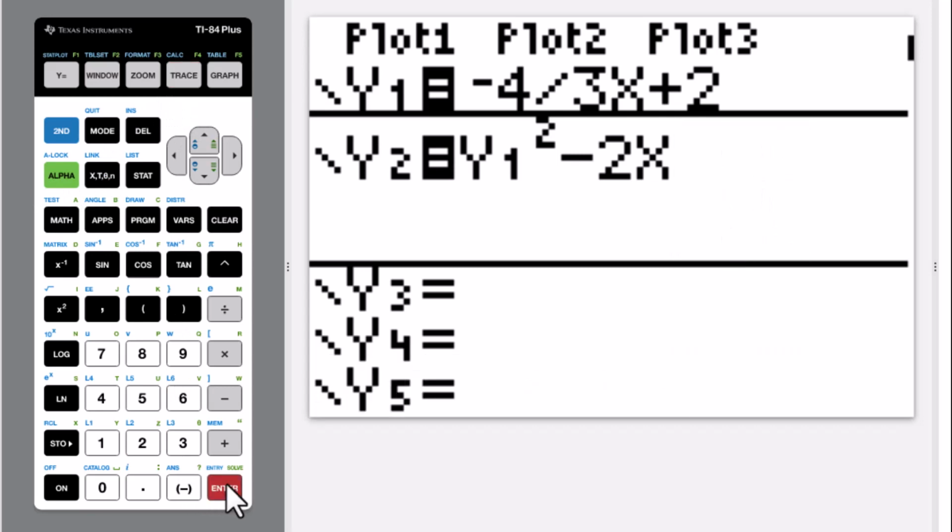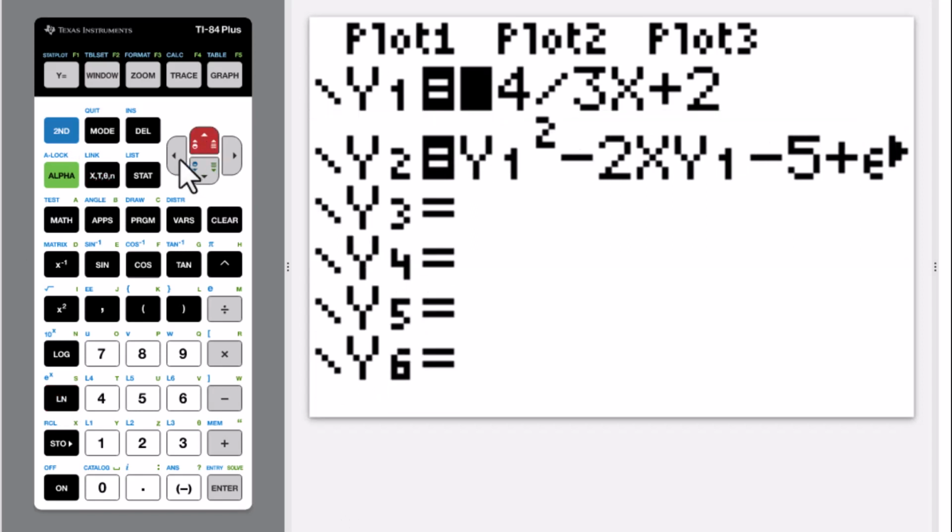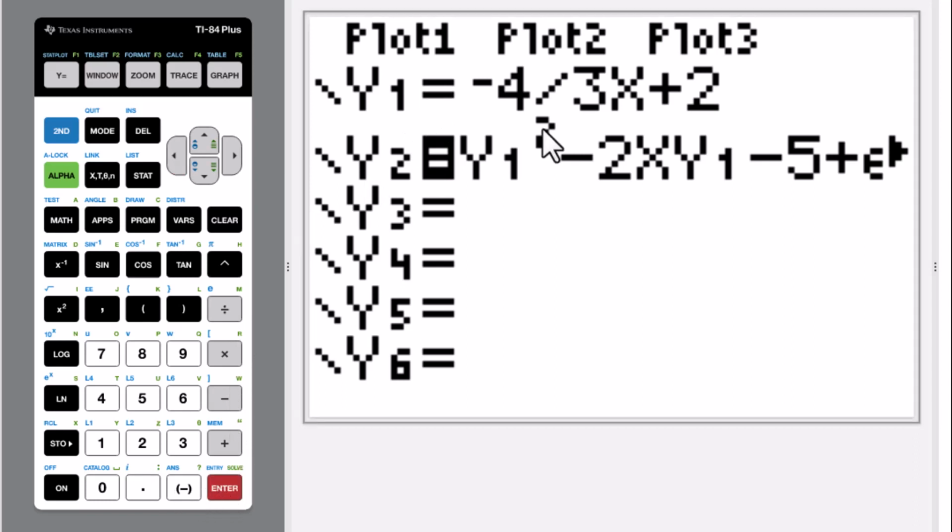Just remember, every single y we will turn into y1. Then minus 5 plus e to the x power. Make sure you unhighlight this y1. You can use the equation solver to figure out this x, or you can use the graph.